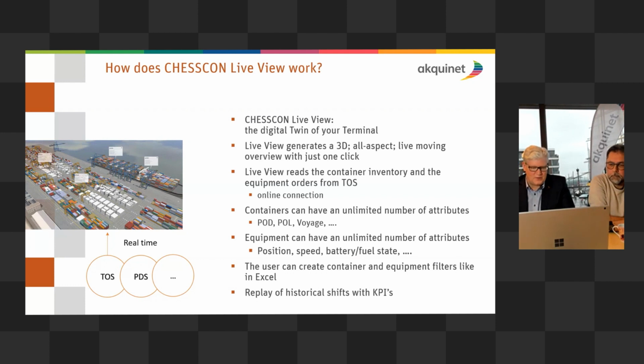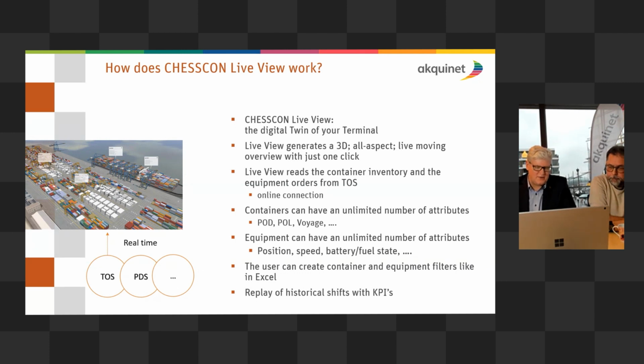And regarding your equipment, of course, you can see position, speed, battery, and fuel state, and everything you need to get a good overview of the maintenance status of your equipment. And this is all quite easy to connect to the TOS system and to implement into your live environment.